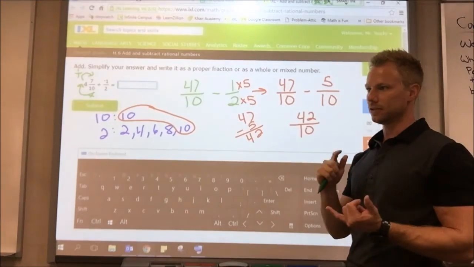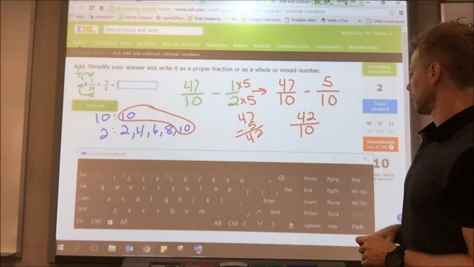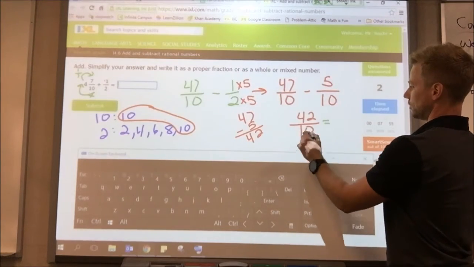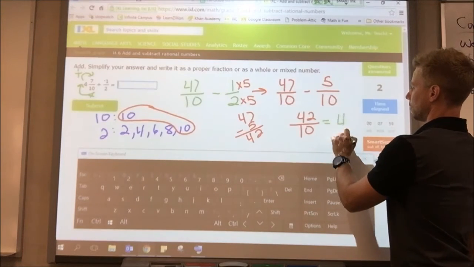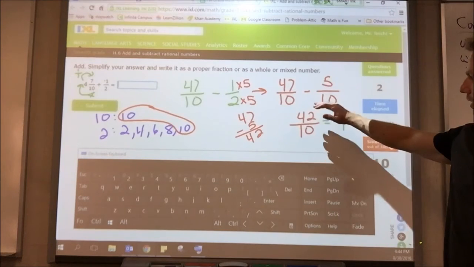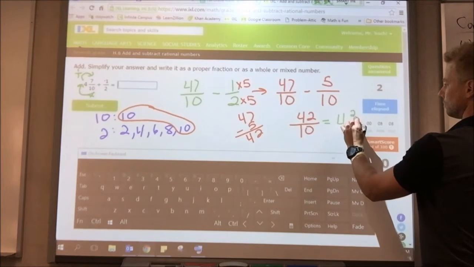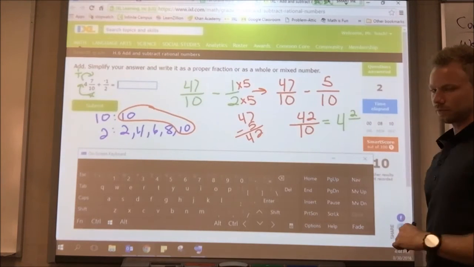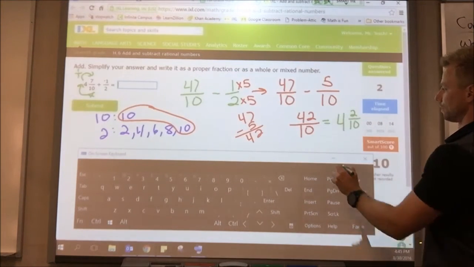And you can count by tens. 10, 20, 30, 40. 4 times. So the big number out front would be 4. And once we take away the 40, there's only 2 left. So it'd be 2 as our numerator, 10 is our denominator.